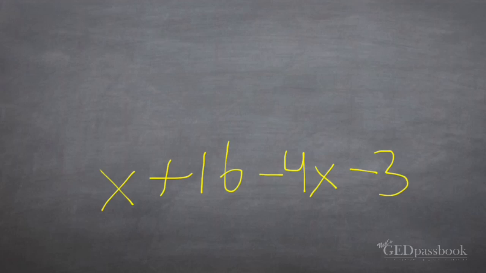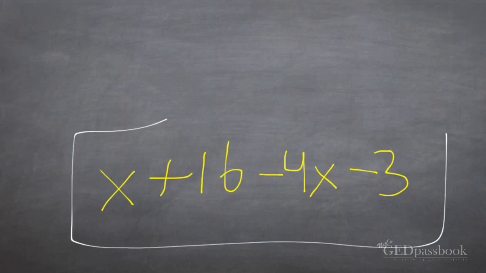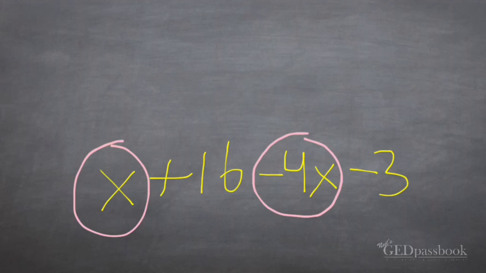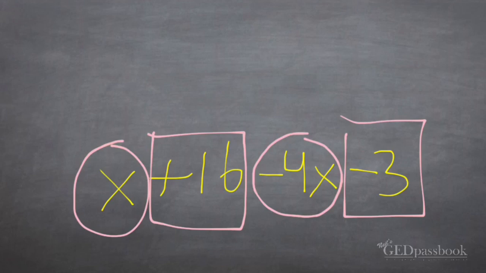So now you have this. What do you do? Well, again, combine like terms. I'm going to use a circle for this x, negative 4x. I'm going to use a square for that. Boom, boom, boom. Oh, look at that. The circles, when you combine them, a 1x minus 4x, what does that become?